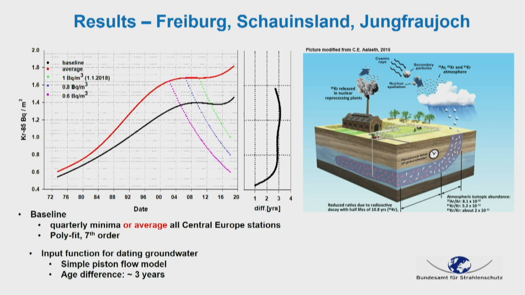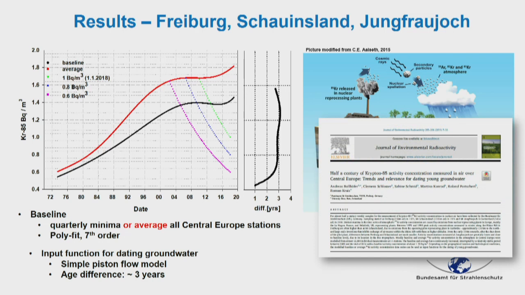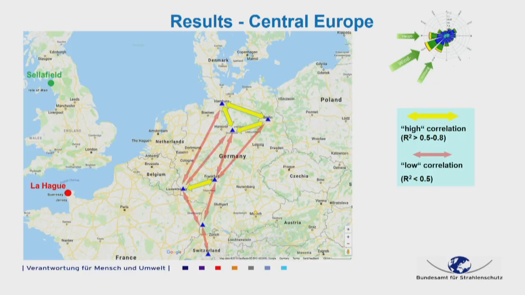For concentrations between 0.4 and about 1.3 to 1.4 becquerels per cubic meter, the age difference between the two is not that big really. It's about 3 years using either the average or the baseline input function. These data have just recently been published, and I'm happy to provide the link to download this paper as well.